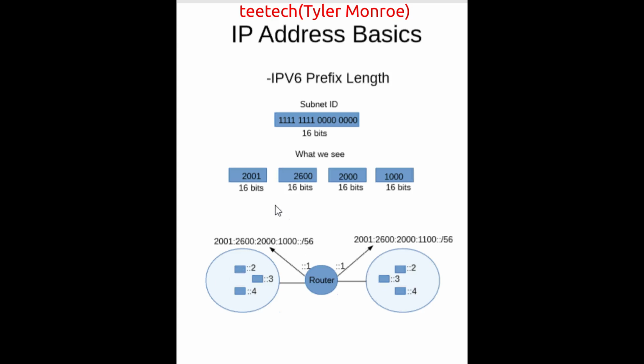So when we get up to here, we have 16, 32, 48. Then we start counting 49, 50, 51, 52, 53, 54, 55, and 56. And we're in the Subnet ID portion.